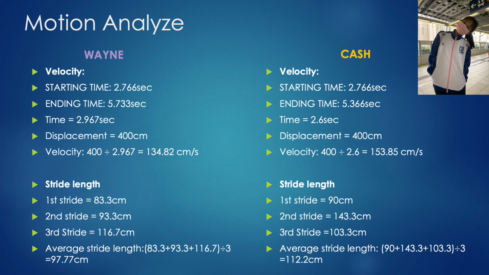The second is 93.3 cm, and the third is 116.7 cm. So the average stride length calculated for Wayne is 97.77 cm. And here is all the data we collected from the video and the calculation steps.